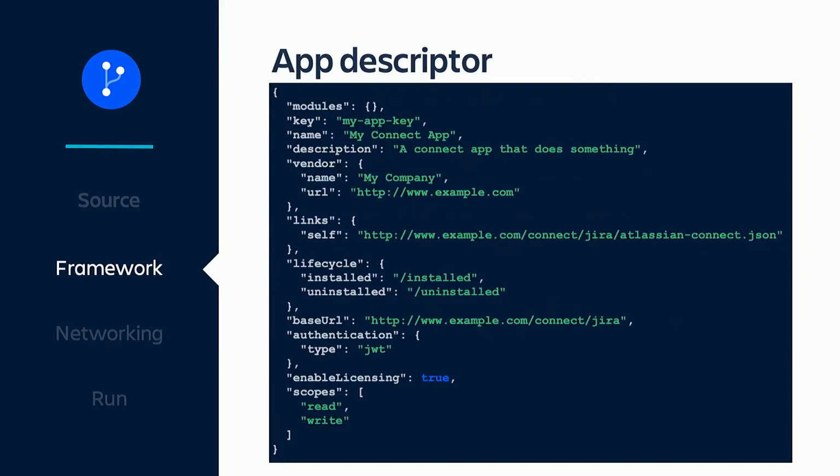So what you see on the screen here is an example of the Atlassian Connect JSON. So this is the file that is our app descriptor file. And we're including general information in this file, such as the app vendor, the licensing, some lifecycle registration information. But this also includes the various modules that we want our app to service, right?